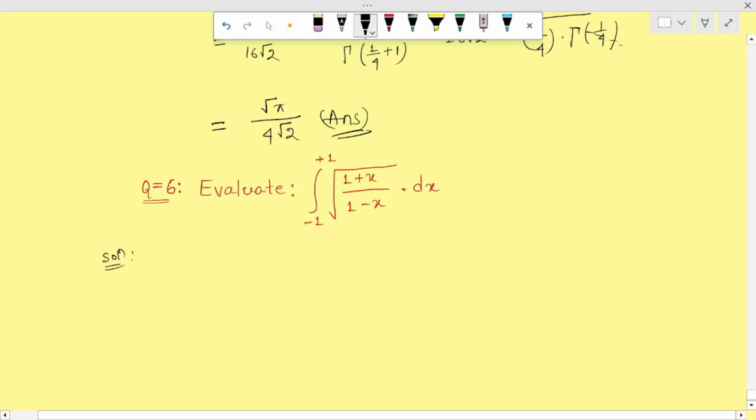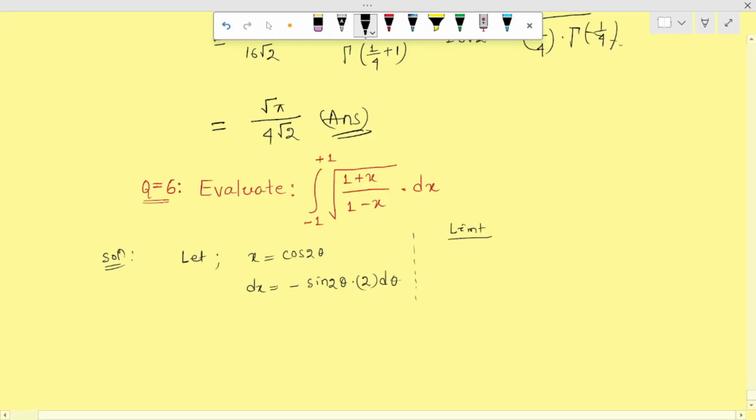Solution. To evaluate this integral, let us consider x equal to cos 2 theta. Dx will be minus sin 2 theta into 2 d theta. Now we are going to check the limit. The initial limit was -1 to +1.